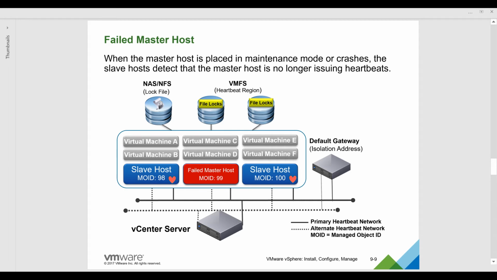Failed master host. If the master host is placed into maintenance mode or it dies, the slave host, and this could be multiple ones depending on how many you have in there, detects that the master is no longer issuing heartbeats. So we'll have a failed master host, as you can see here, and his management object ID is 99.